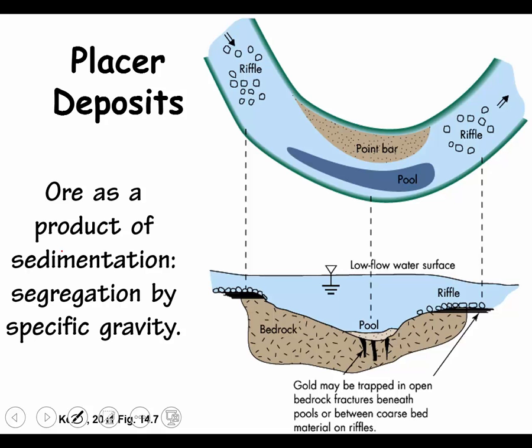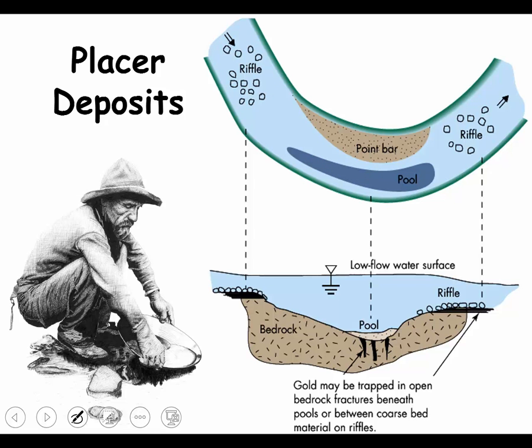Now, a placer is a concentration of heavy or high density minerals by selective deposition. So we'll find them sometimes in the pools of a river or the riffles. Remember, the riffles are those areas that kind of connect the pools. And so gold can be trapped in a variety of places there.